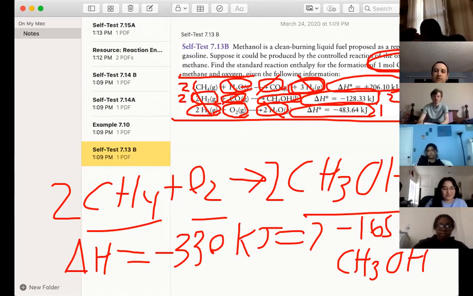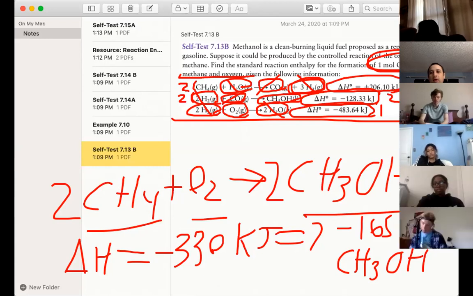Does this make sense to you or do you have questions? I understand the general idea of it. It's just when I start trying to put it in by myself, I get confused and stuck. But then once you go over it, I understand it. It's just I have a hard time completing it on my own. Okay, and we'll get there.